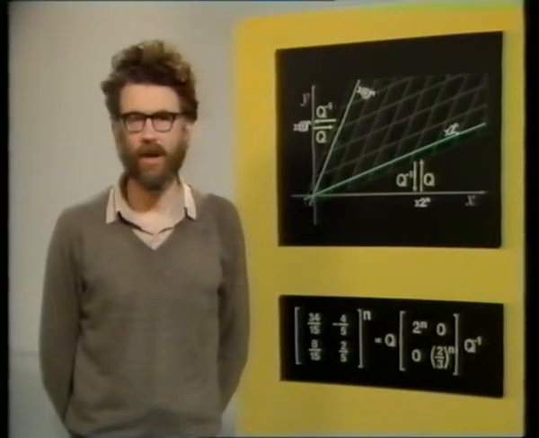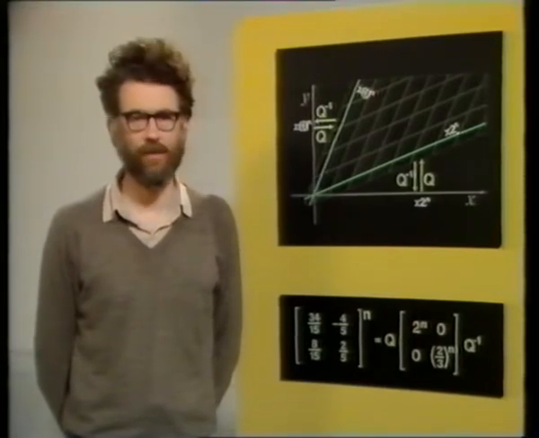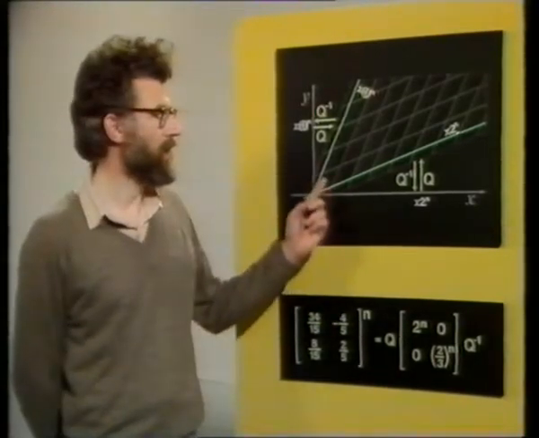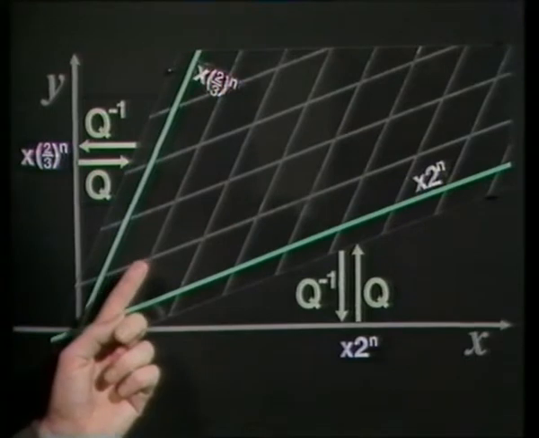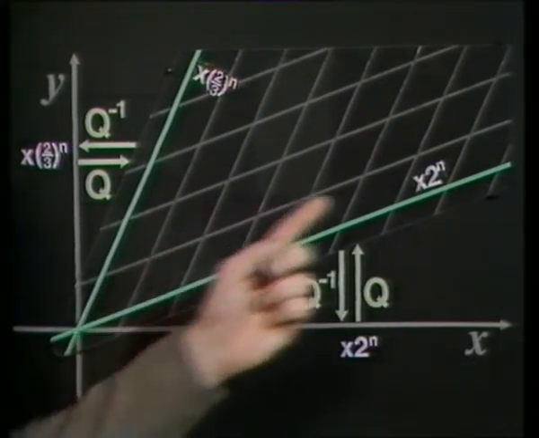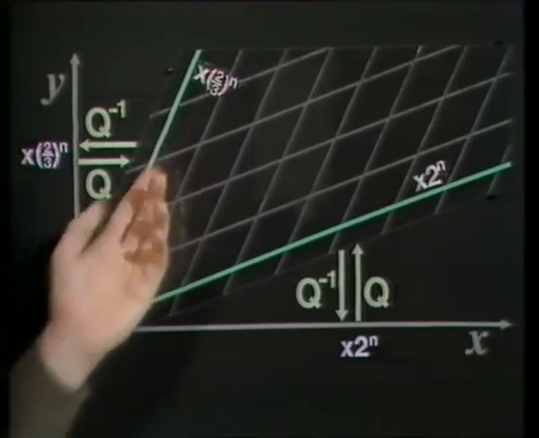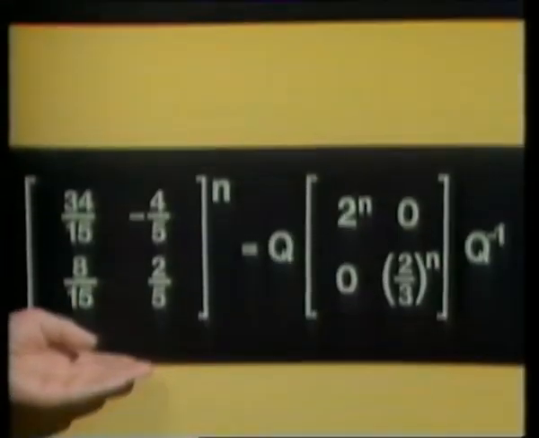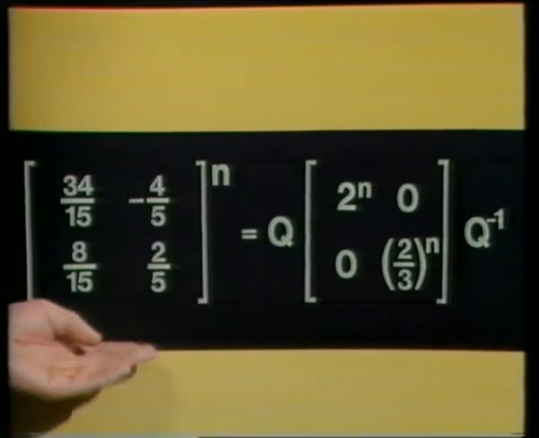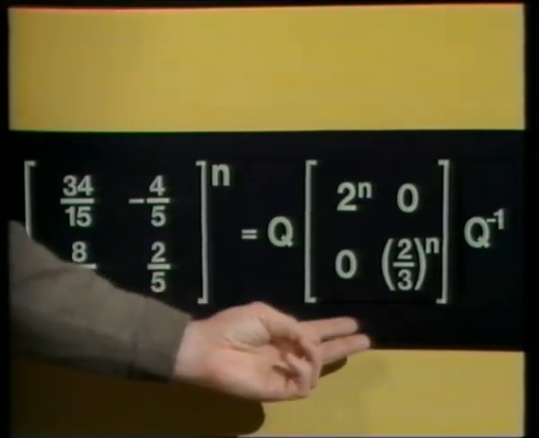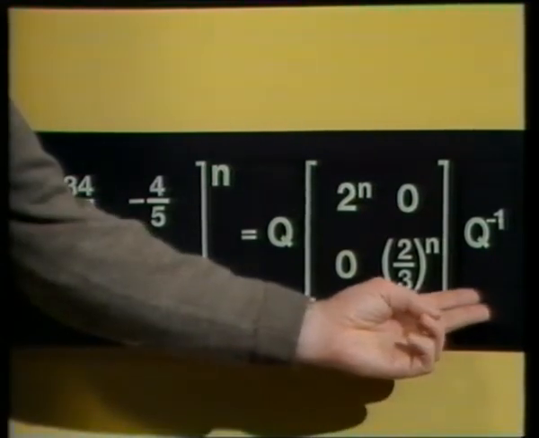Once again, a similar kind of thing is going to happen for any power of the matrix. We'll have the same eigenlines, but the eigenvalues of the nth power of the matrix will be the nth powers of the eigenvalues of the original matrix. So now we can see how to write the nth power of this matrix. It's Q times this diagonal matrix times Q to the minus 1.